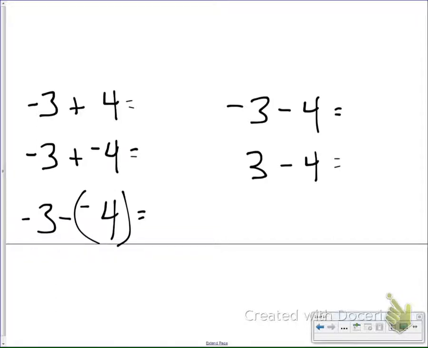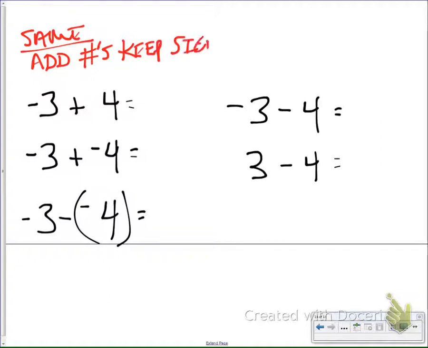So there's two things that we need to know when you're adding or subtracting the way I'm going to show you. When our signs are the same, you're going to add the numbers and keep the sign. First rule.